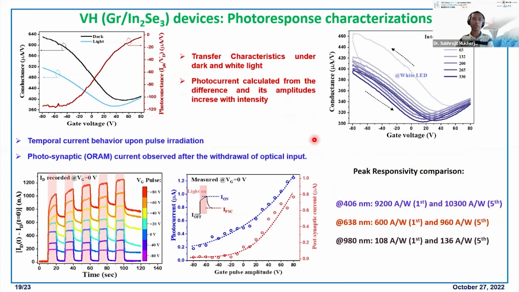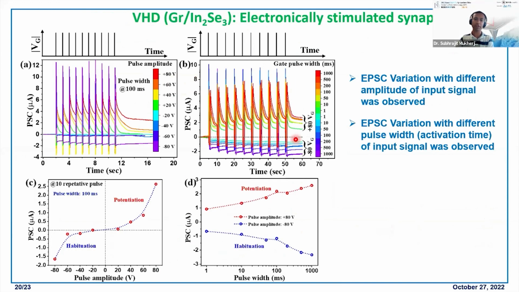So we just saw, after fabricating this and after Kelvin probe, I'm not emphasizing this result because we are focusing on this Kelvin probe study and also we are almost out of time. So we just check for the electronic pulse what the potentiation and habituation, or different types of characteristics, are there.